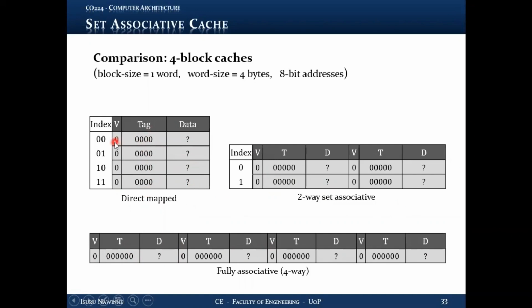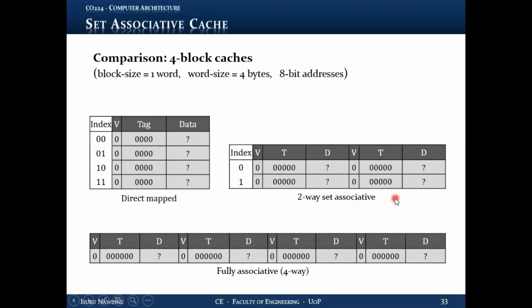Note that the tag size is different in the direct mapped implementation. Your tag size is 4 bits, index size is 2 bits. So 8-bit addresses, we have 2 bits remaining. That is the offset to identify individual bytes within a word, right? 2 bits to the offset field, then 2 bits for the index field, and the remaining 4 bits for the tag field.